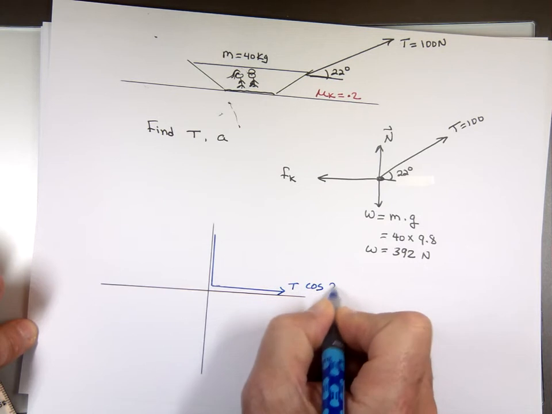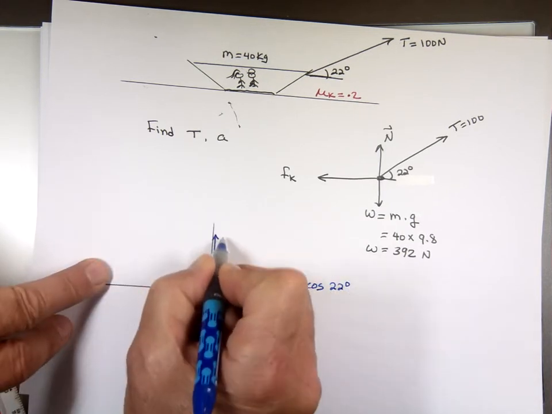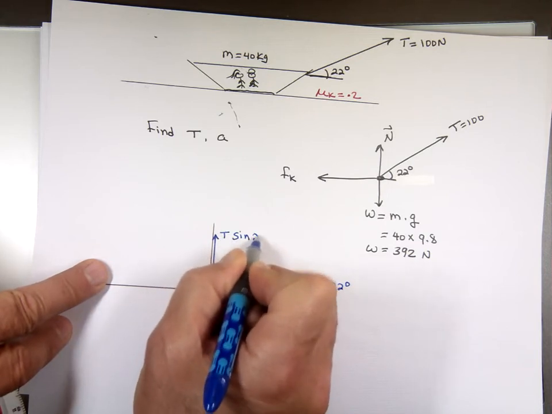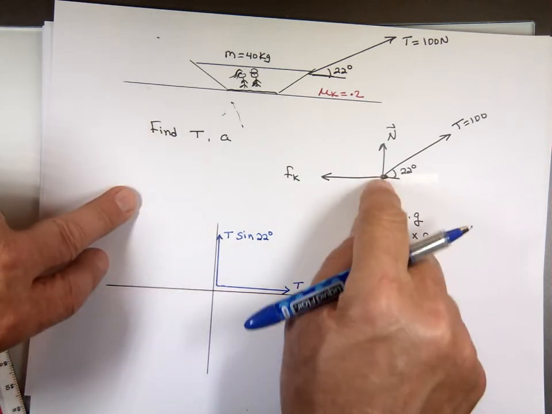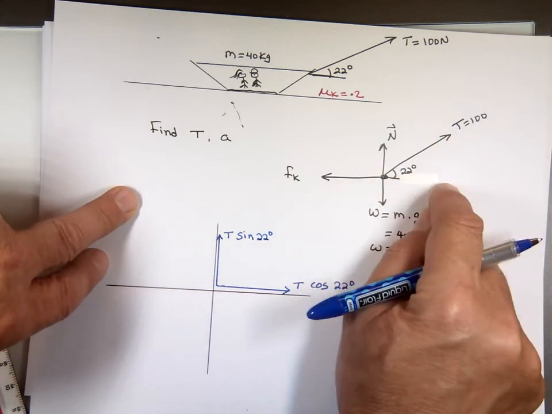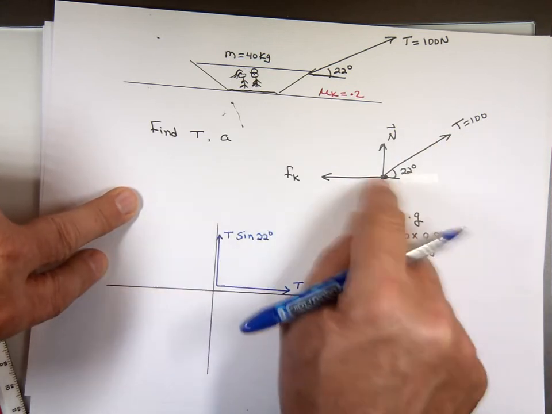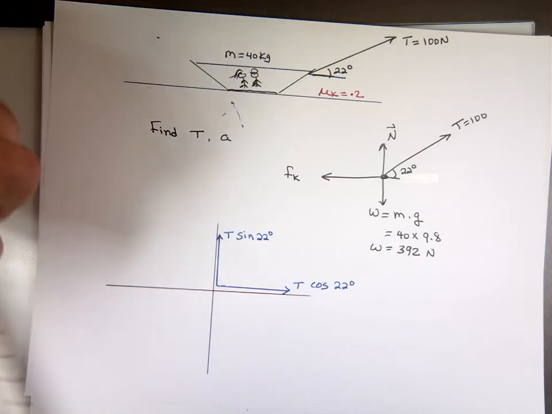The one in this direction is going to be what? T sine 22. So how do you know it's going to be up? Because to go from here to there, you have to go to the right and go up. What else we got? We got the normal force.